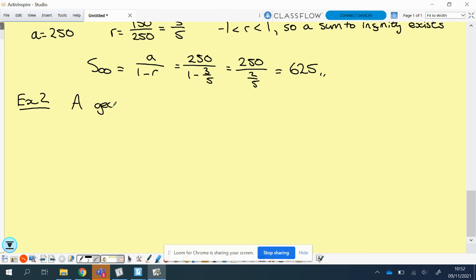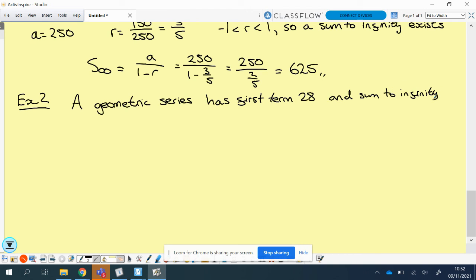A geometric series has first term 28, and sum to infinity 16. Find the fourth term in the sequence.